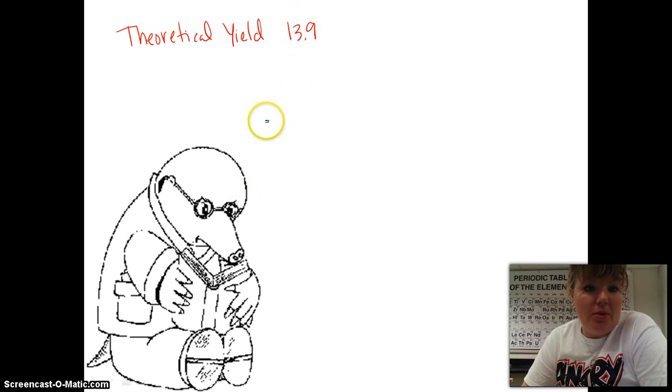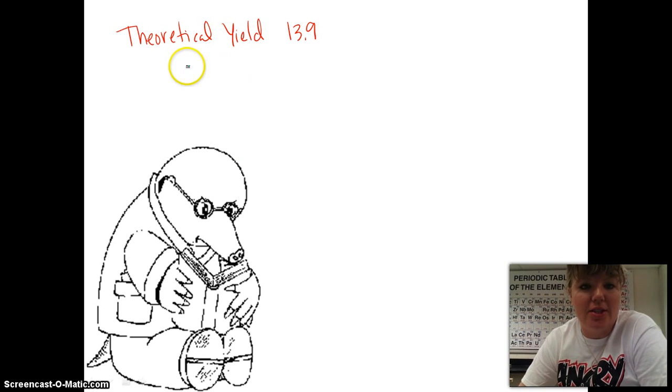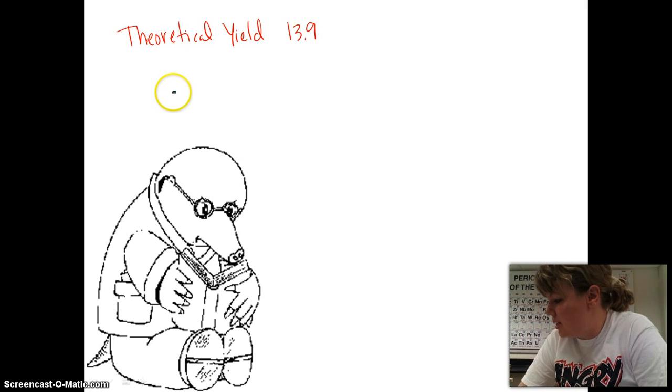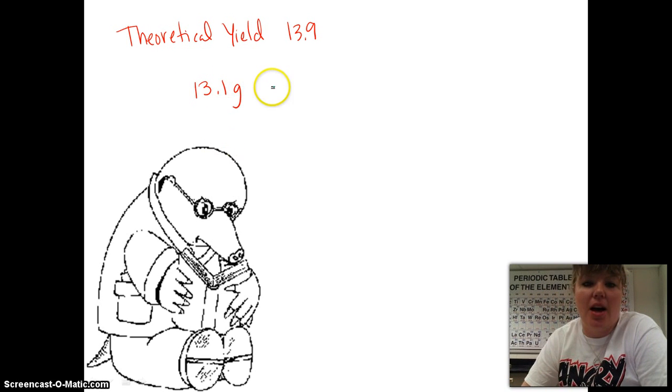And let's just say we go ahead and do the experiment, and maybe we come out with more. Maybe we come out with less. Okay, so now we do the experiment, and it says we got 13.1 grams of calcium oxide in the experiment.